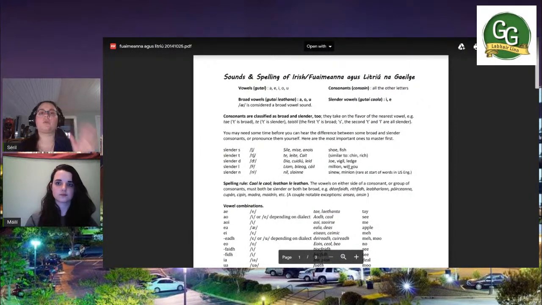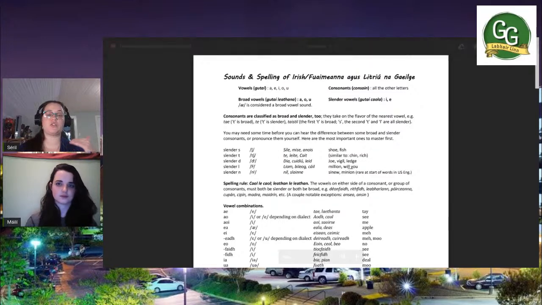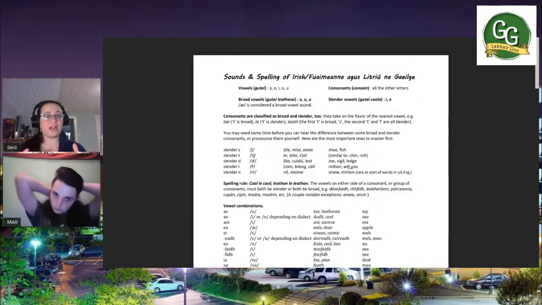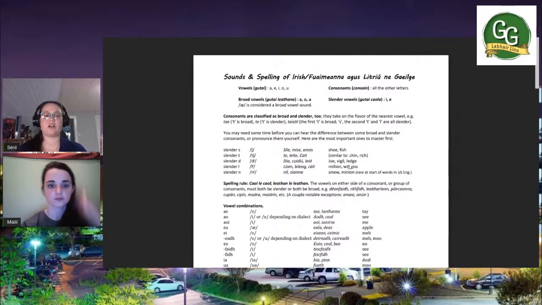Okay, so here's the PDF handout. The first thing it's going to start off with may seem very basic, but what you're going to have here is your vowels. A, E, I, O, and U are the vowels in Irish. You may not know this if you haven't looked at the alphabet: depending on whether you're talking about loan words as well, but for regular Irish words without loan words, you're looking at about 16 letters.